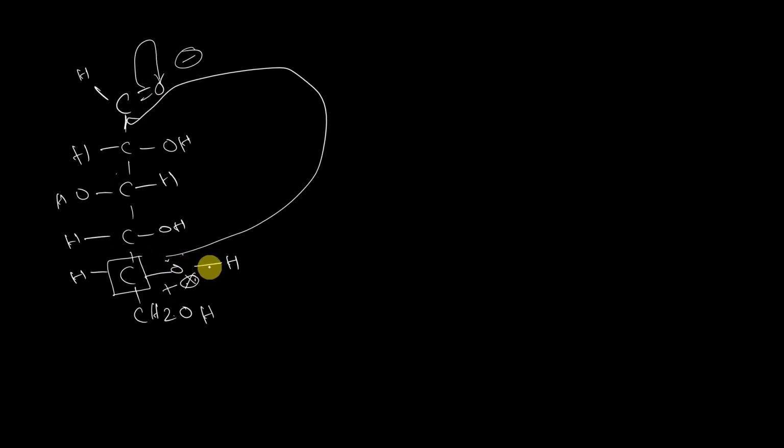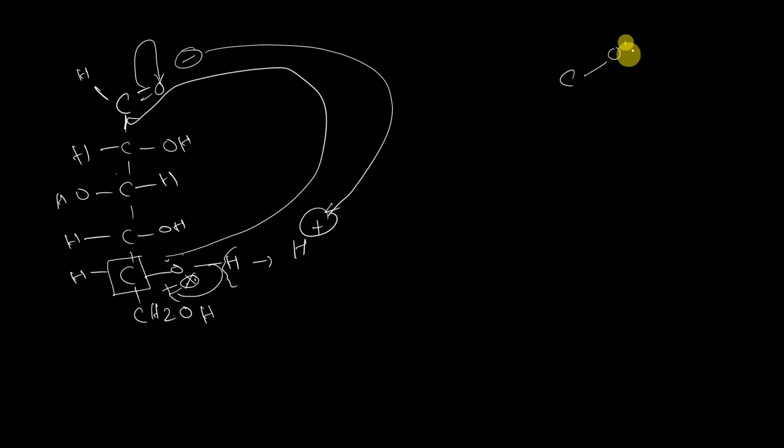To quench the positive charge, it pulls away the electron from the hydrogen and drives the hydrogen away as H plus. So this H plus goes in contact with this O minus and OH will be formed. So we can have the structure C, OH, H. Again, the remaining will be the same as it is. Isn't it? Yes, the remaining will be the same as it is.